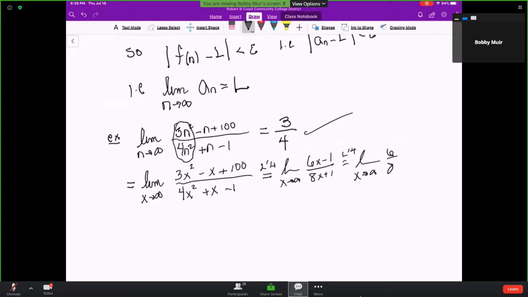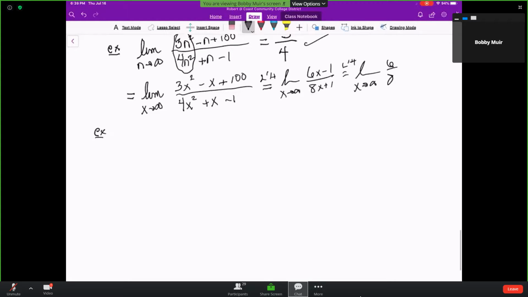So for example, what's going to be the limit as n tends to infinity of, let's say, n over n plus 1?